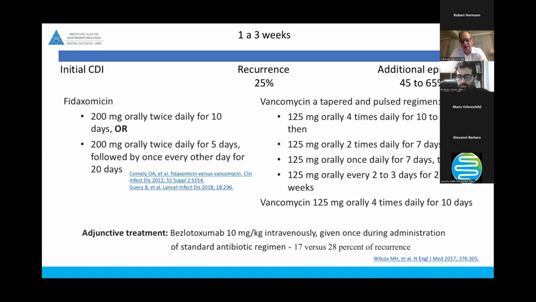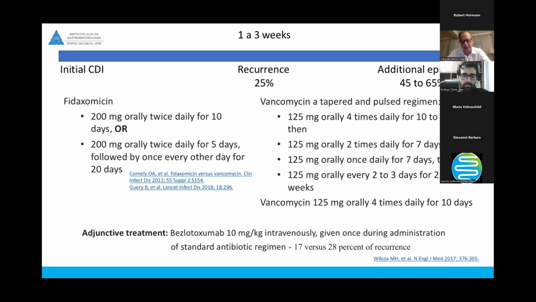Here in Brazil, as I said, we have to prescribe vancomycin in a tapered and pulsed regimen and use it for up to 8 weeks. It's the best choice that we have here after the first recurrence.